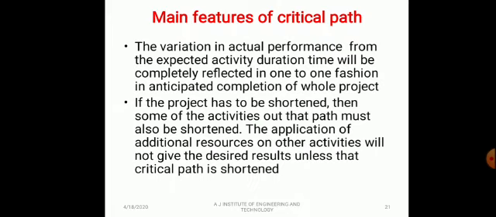If the project has to be shortened, then some of the activities on that path must also be shortened. The application of additional resources on other activities will not give the desired results unless that critical path is shortened. These are the main features of the critical path.